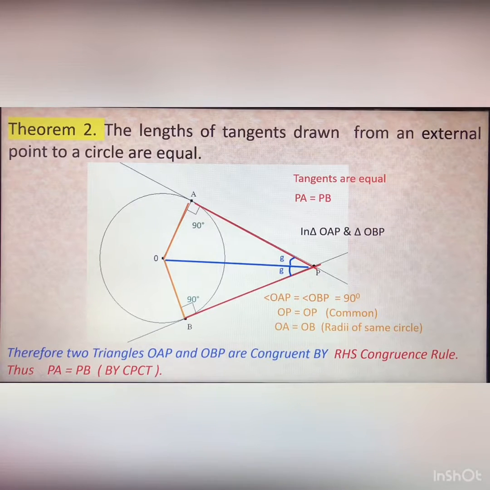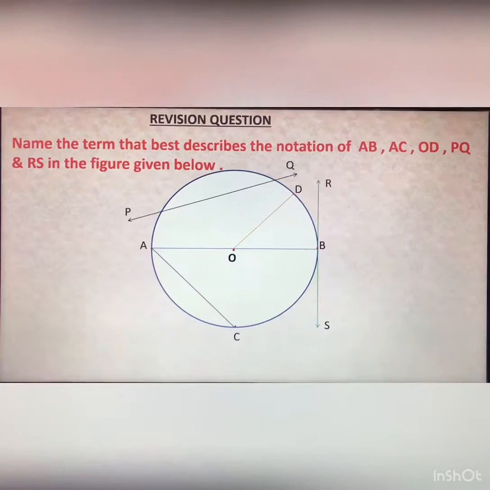Therefore, the two triangles OAP and OBP are congruent by RHS congruency. If these two triangles are congruent, then by CPCT, PA equals PB. In all cases, this is the proof of this theorem. Once again I want to tell you that this is an important and very easy theorem. So this is the proof of this question.